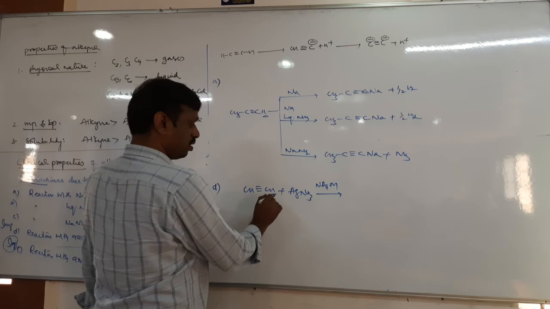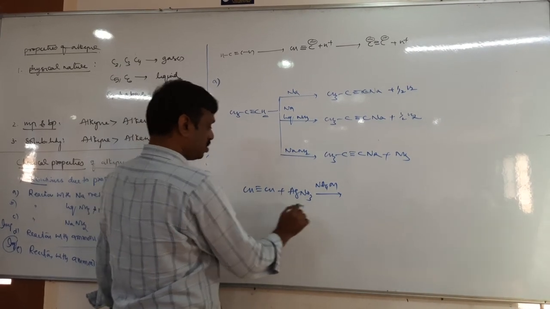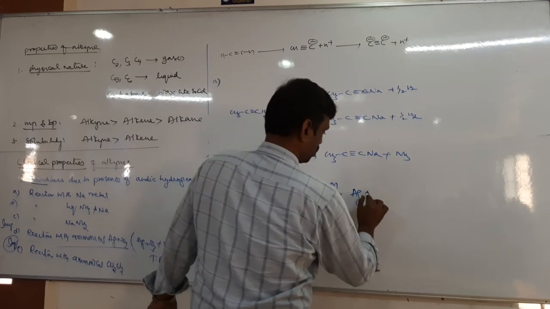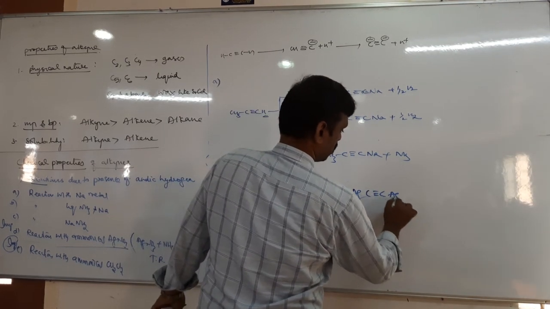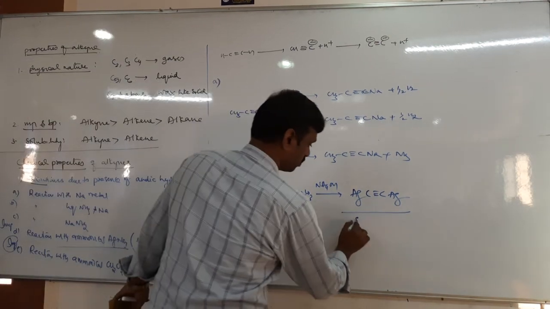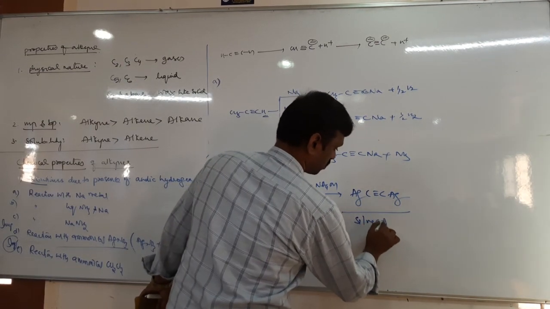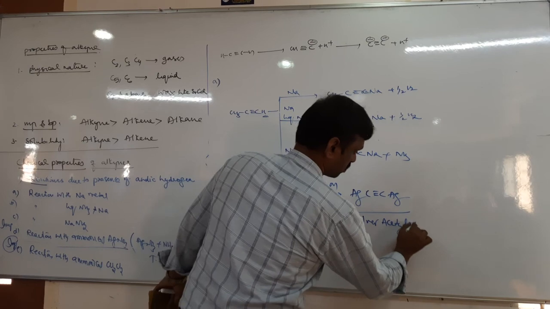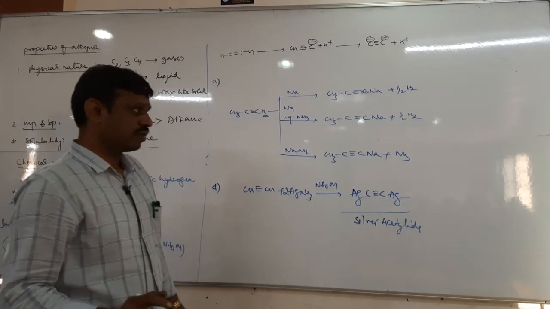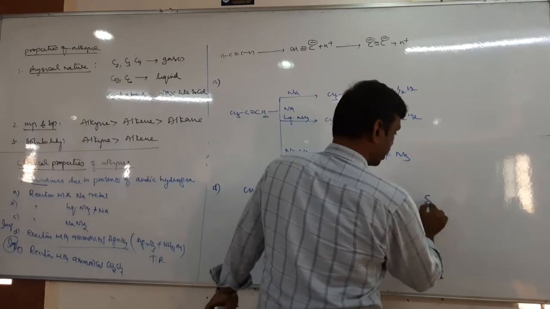So what happened here? Acidic hydrogen replaced by silver? If you take 2 moles, silver acetylide, it is also called the silver mirror test.